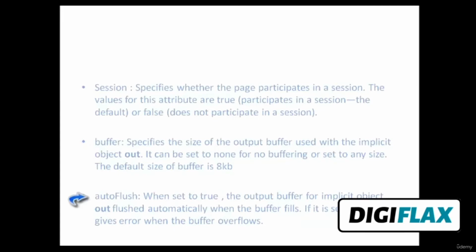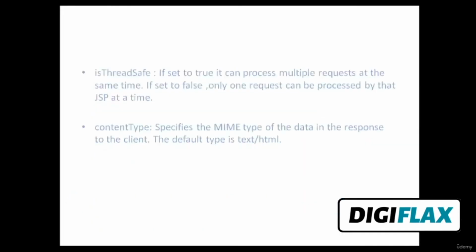AutoFlush attribute. When it is set to true, the output buffer for implicit object out is flushed automatically when the buffer fills. If it is set to false, it gives an error when the buffer overflows. IsThreadSafe attribute.